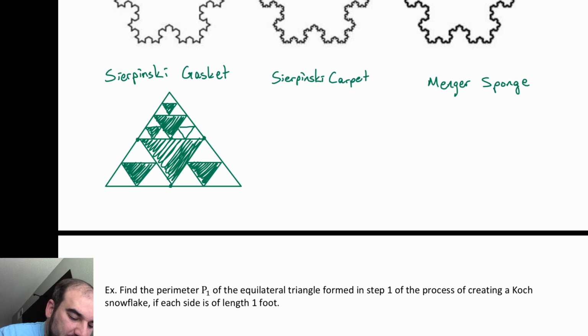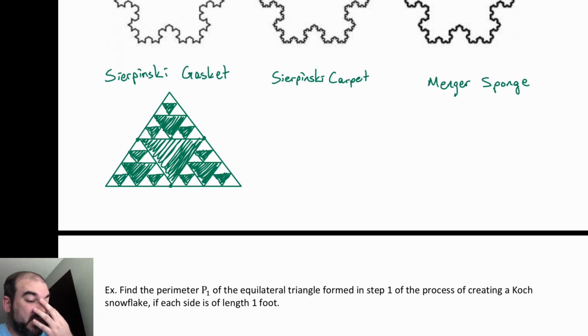Right? So it's a very repetitive process, but every step is defined the same way. And so after each step, we can analyze the figure in terms of finding its area or its perimeter, or in the case of the Menger sponge, we can talk about its volume after each step of the process.